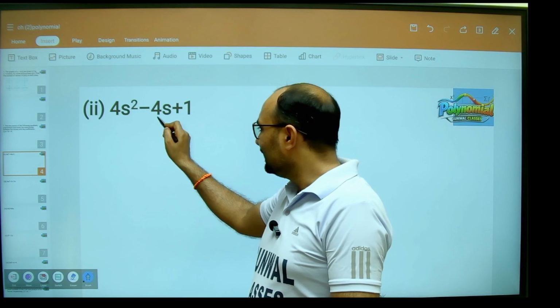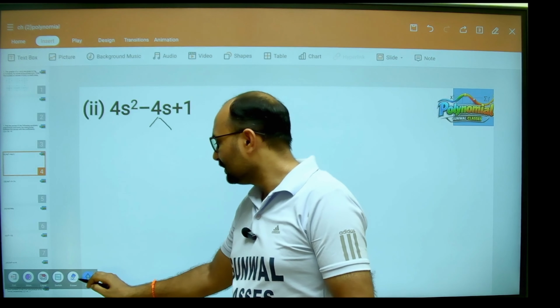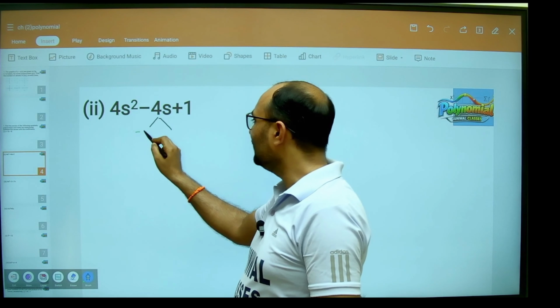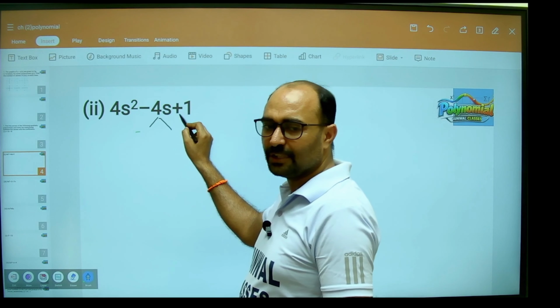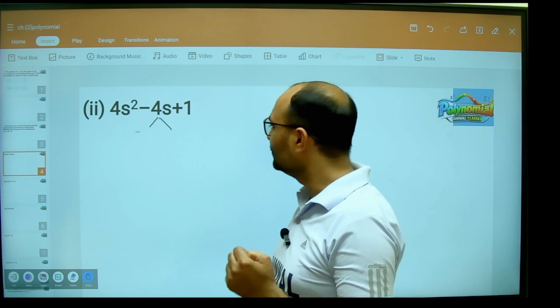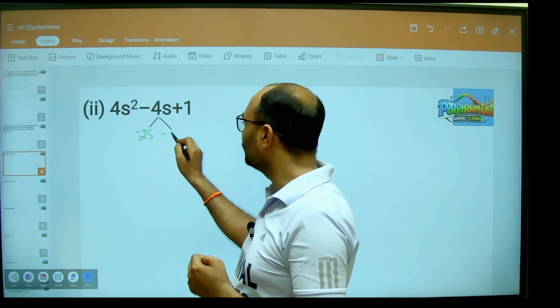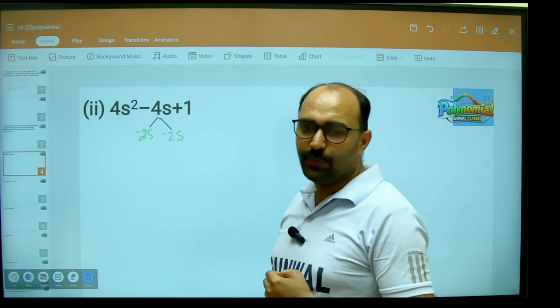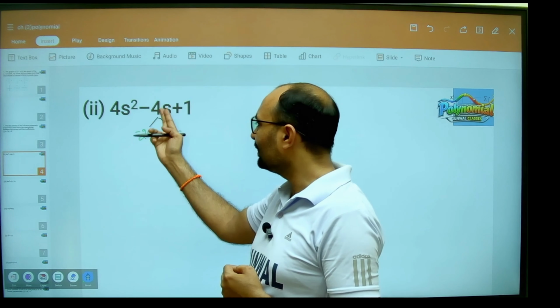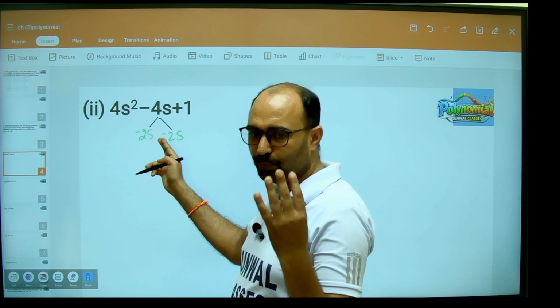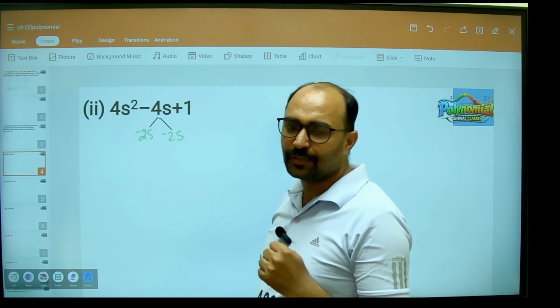If we break this in two parts, the constant term is positive, so both should have the same sign: -2s, -2s. If you add them, it will be -4s. If you multiply them, -2 into -2 is plus 4, s into s, s square.